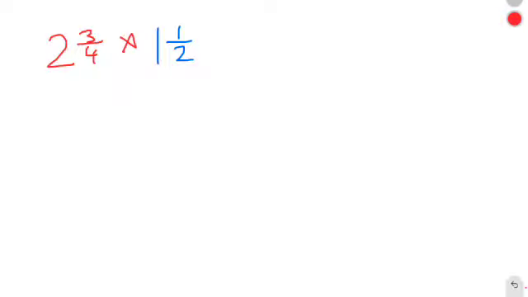Okay. So how do you do that? How do you multiply a mixed number by a mixed number? All the mixed numbers we have to convert into improper fractions. Okay, so let's convert this one first. We say this 4 multiplied by this 2.